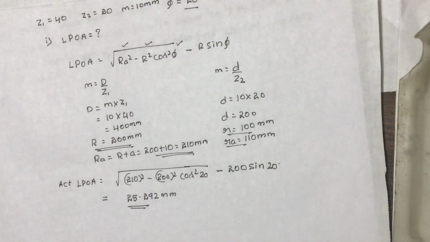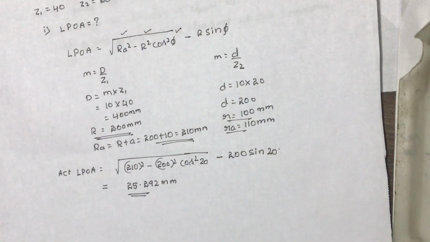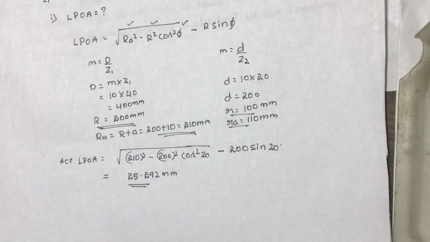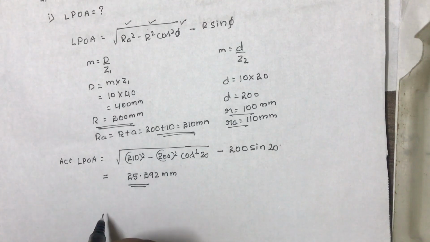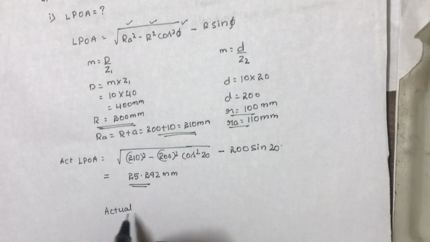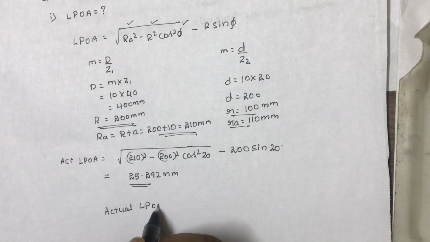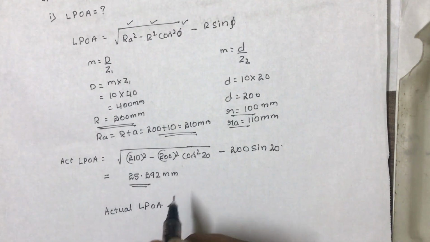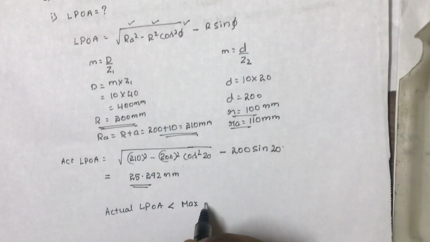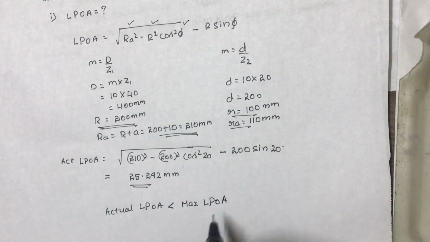In order to avoid interference, maximum length of path of approach should be greater than that of actual length of path of approach, or else actual length of path of approach should be less than that of maximum length of path of approach. Correct? So actual length of path of approach should be less than that of maximum length of path of approach.